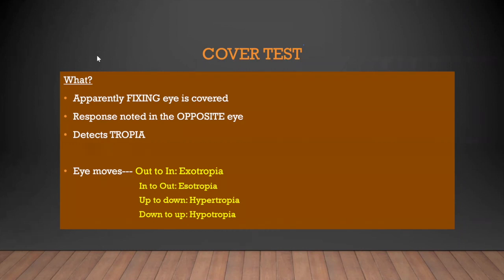But it is the outward deviated eye that is taking up fixation or aligning in the center. Hence, it is moving from out to in. So again, remember, this is where a lot of students get commonly confused, and beware. Wherever the movement starts from is the position of the squint, and where it moves to is the final position in order to align. So remember, it is exactly the opposite direction of what it's coming from.